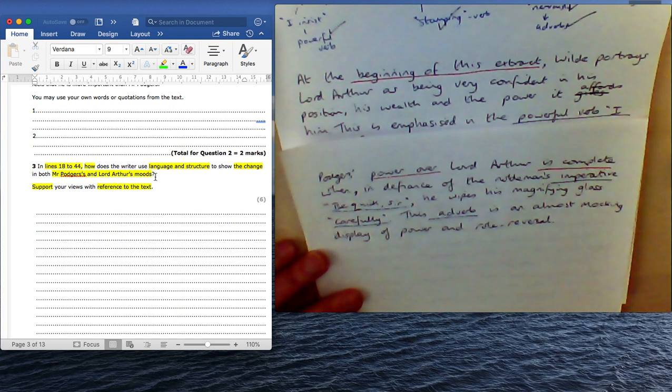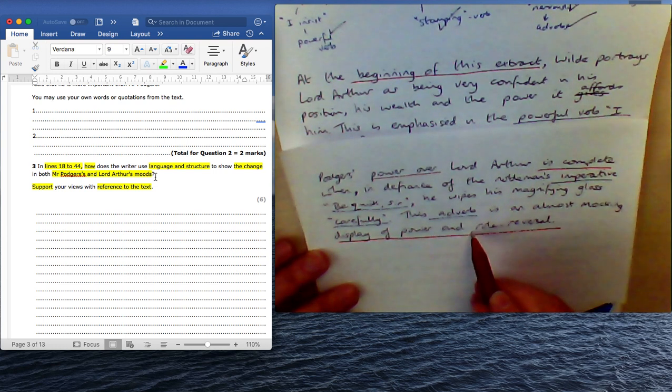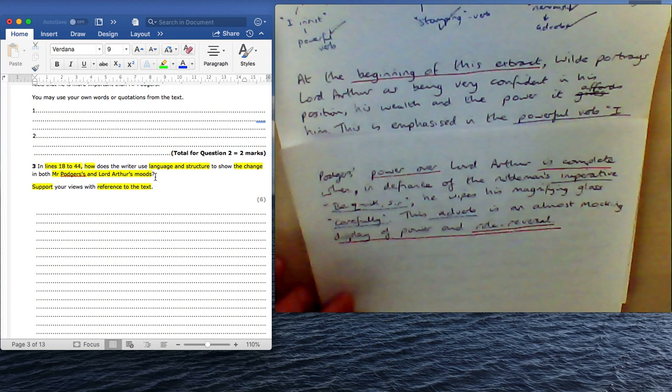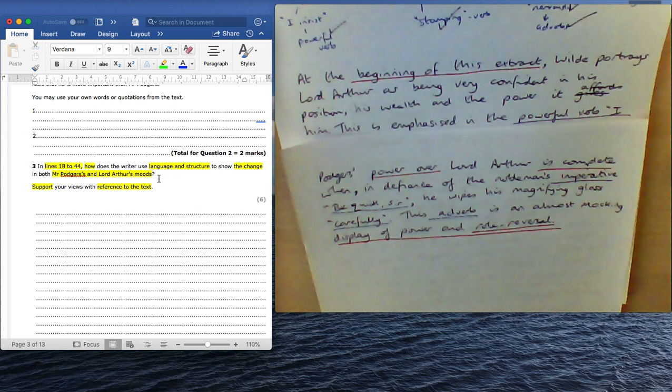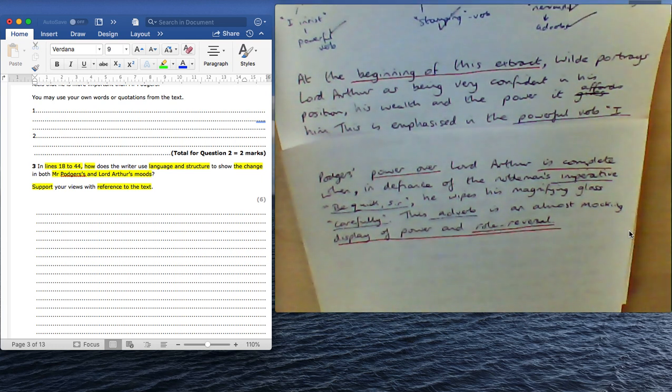And then final point, this adverb is an almost mocking display of power and role reversal. And it's this idea of role reversal that shows us that you have addressed the issue of the change in Lord Arthur's mood. So hopefully, talking through that in a lot of detail, you think, how will I ever get something like that written in 6 minutes?